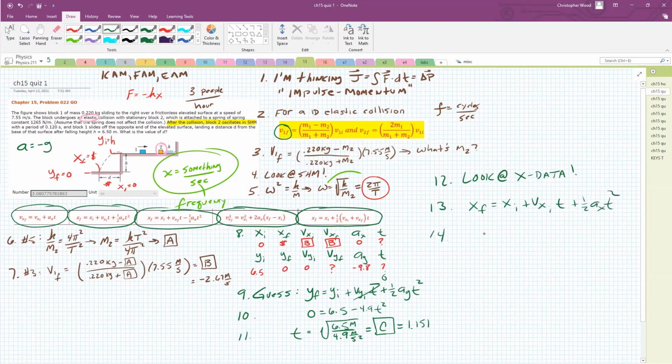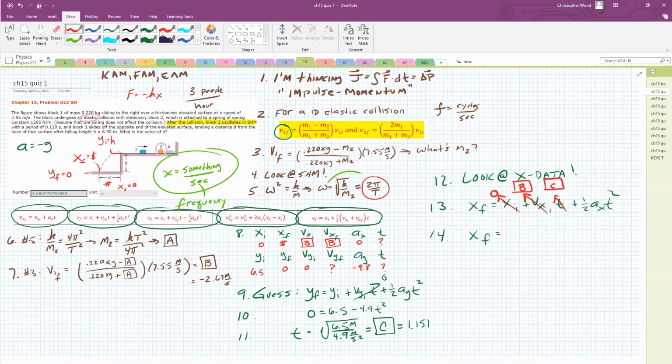X initial was set to 0. VX initial is sitting in calculator memory location B. Time is sitting in calculator memory location C.